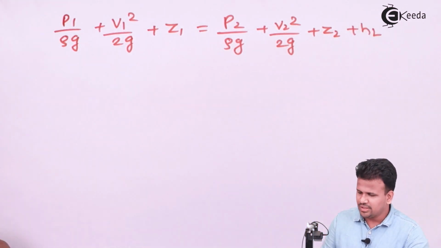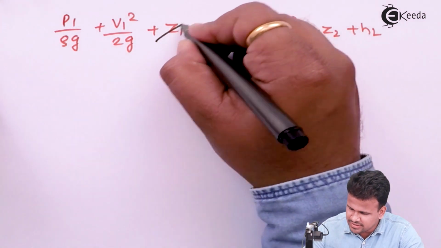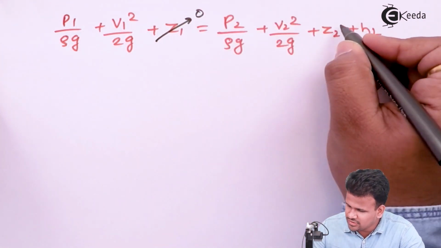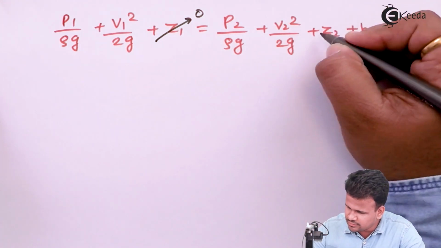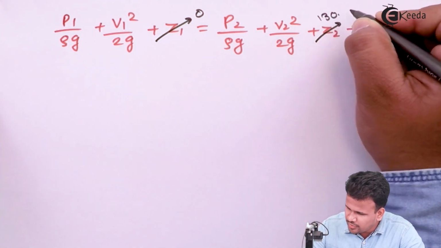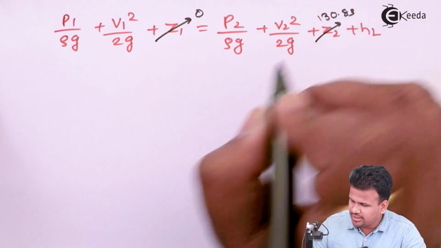Now over here the value of Z1 is equal to 0. The value of Z2 we have recently calculated, that is 130.83.